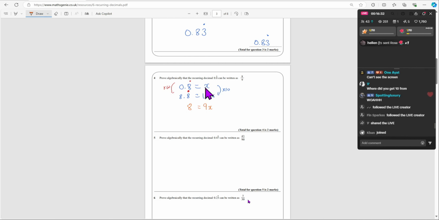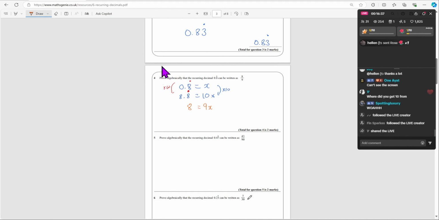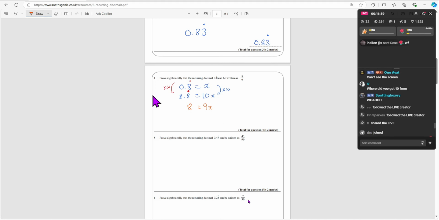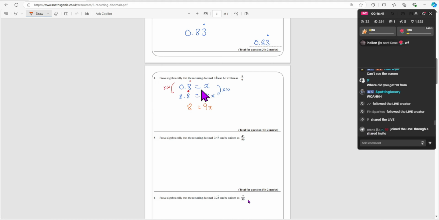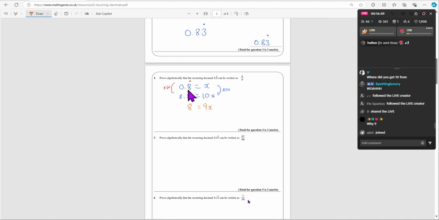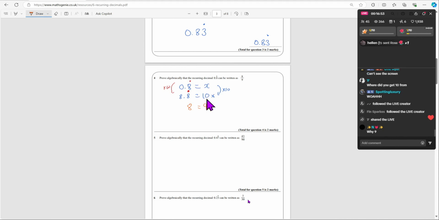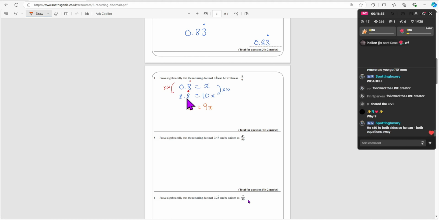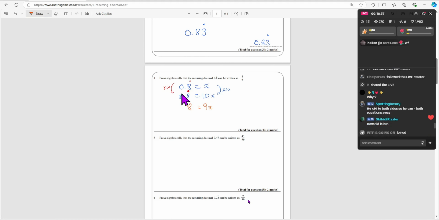If you're getting confused by x and 10x, I just wrote 0.8 recurring is equal to x. We need to prove it algebraically. And then we can see that 10x equals 8.8 recurring. We're going to multiply by 10, right? 0.8 recurring times 10 is 8.8 recurring. And then if we subtract x from 10x, which is 8.8 recurring minus 0.8 recurring, we're going to get 8. So 8 is equal to 9x, okay?